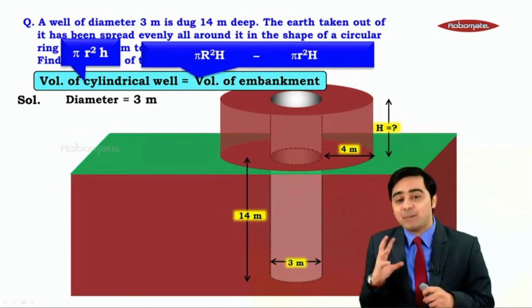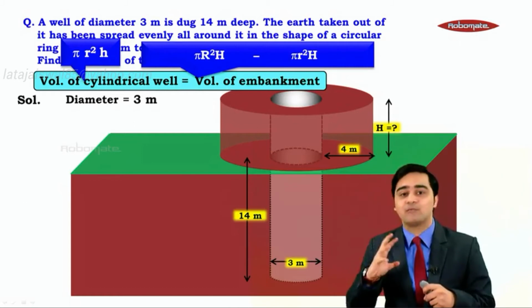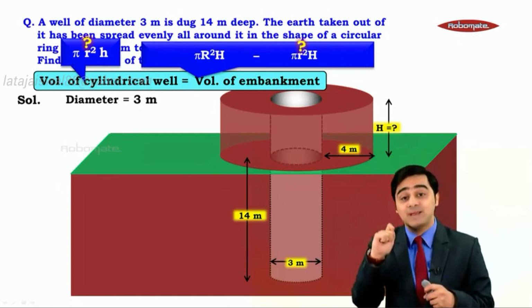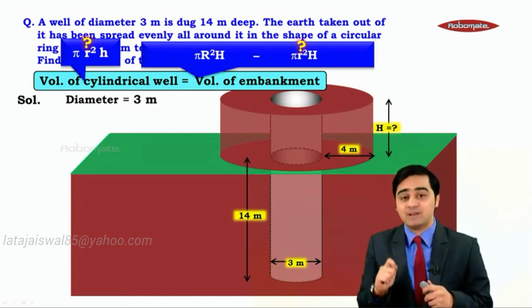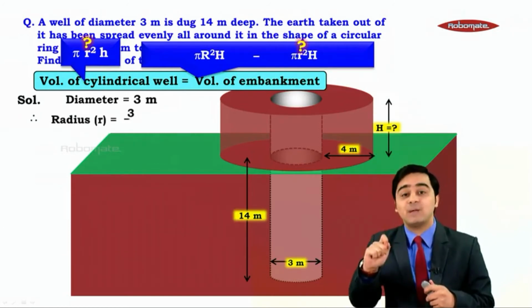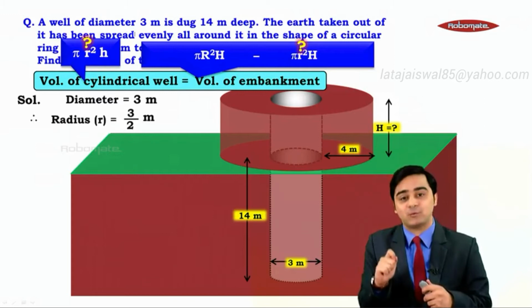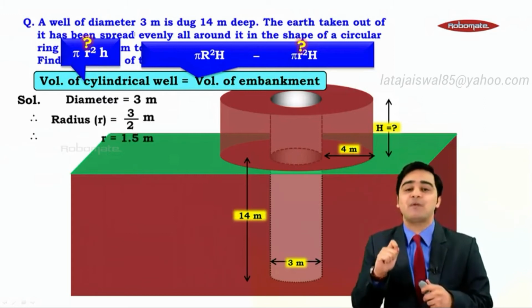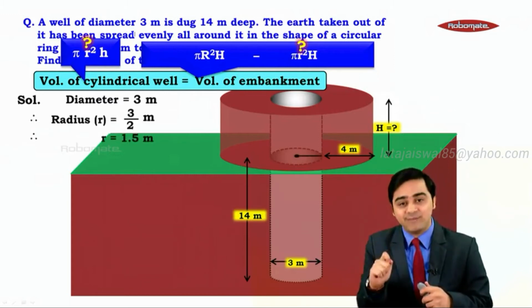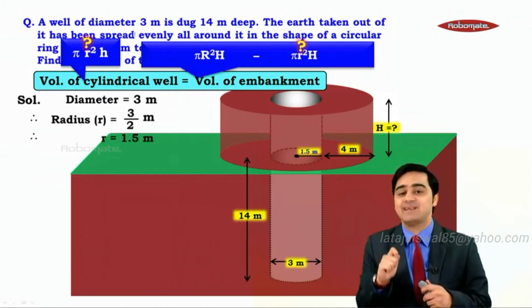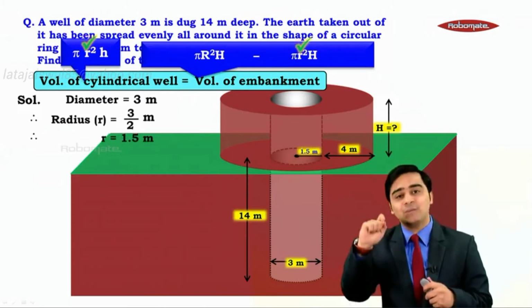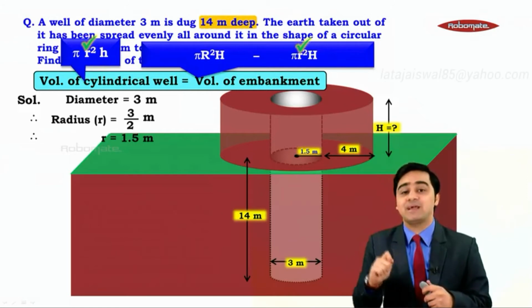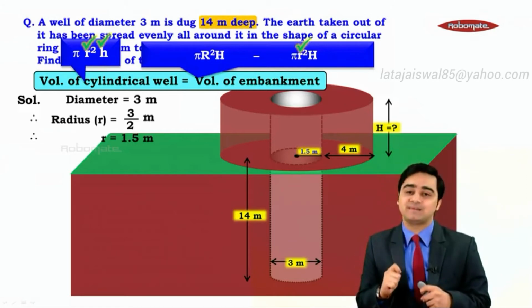Now let us find the parameters to find the height of the embankment. Let us first find the radius of the cylindrical well. We have been provided with the diameter, so we can say therefore radius is equal to diameter upon 2, which is 3 by 2. 3 by 2 is equal to 1.5 meters. So we can say therefore the radius of the cylindrical well is 1.5 meters. So now we have small r. Also they have provided us with the height of the cylinder and it is 14 meters.